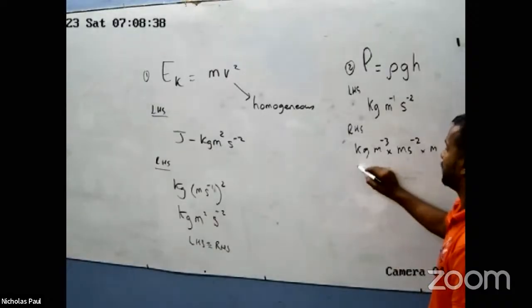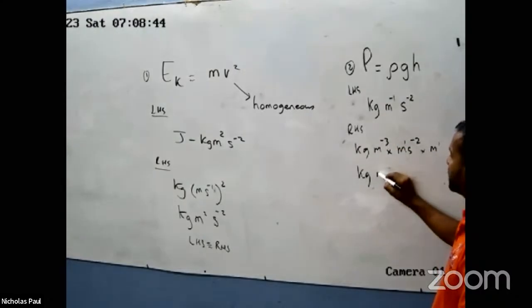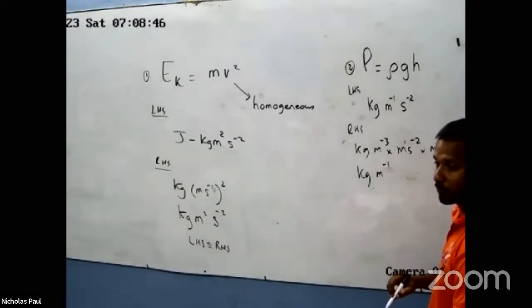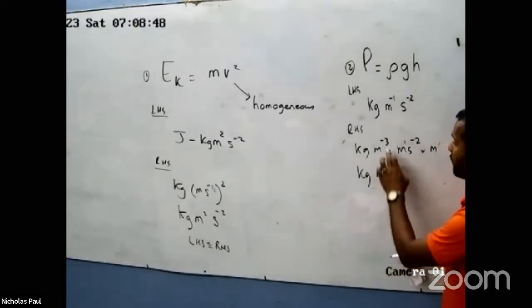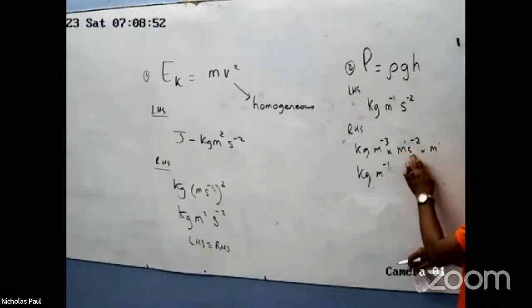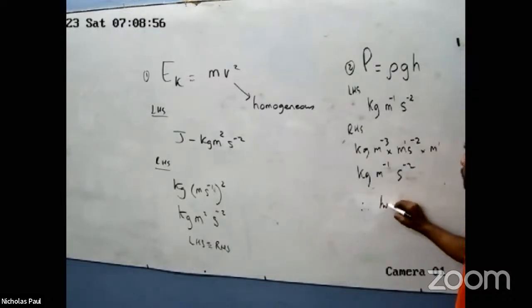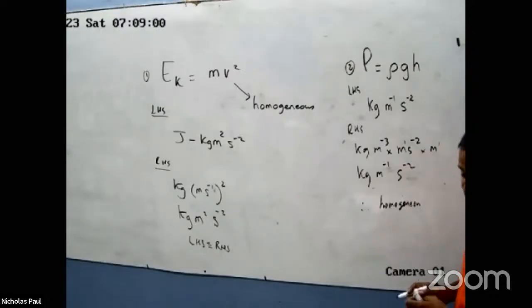So this is kg: minus 3 plus 1 is minus 2, plus 1 is minus 1. Minus 3 plus 1 is minus 2, plus 1 is minus 1. And there's only one s. So therefore, homogeneous.